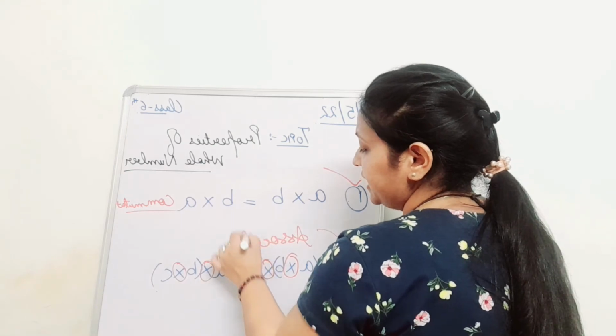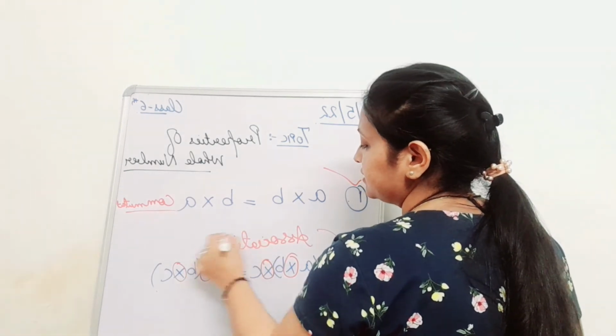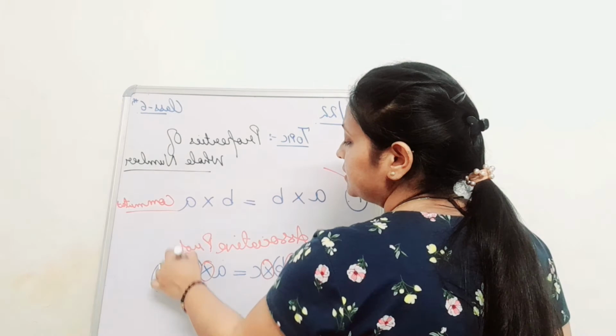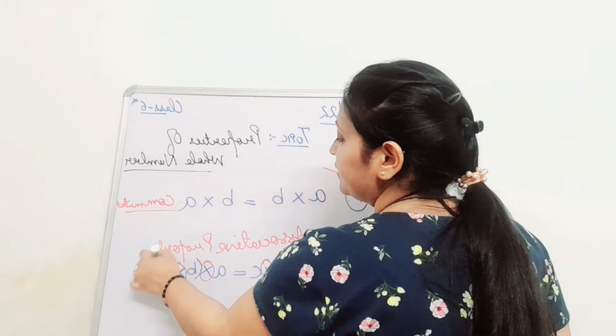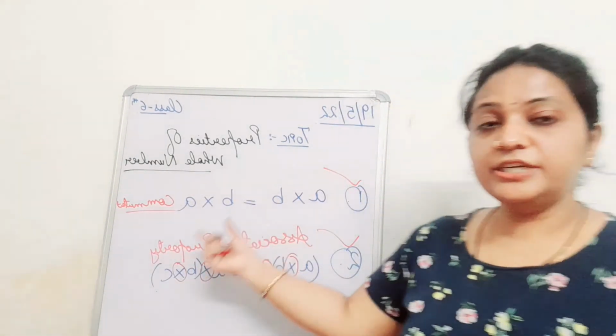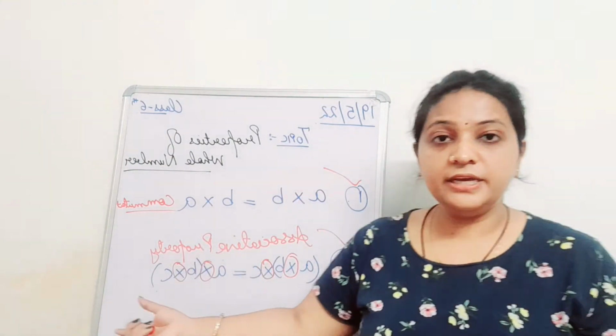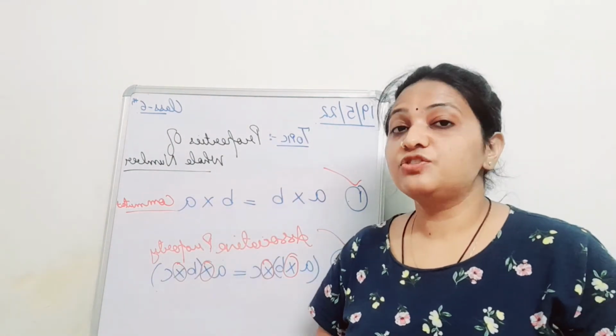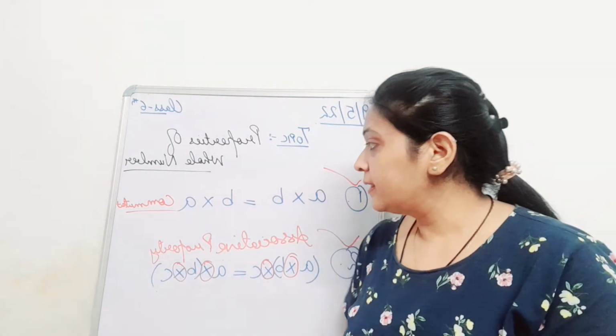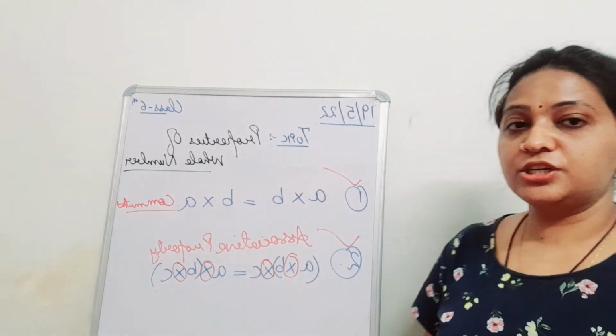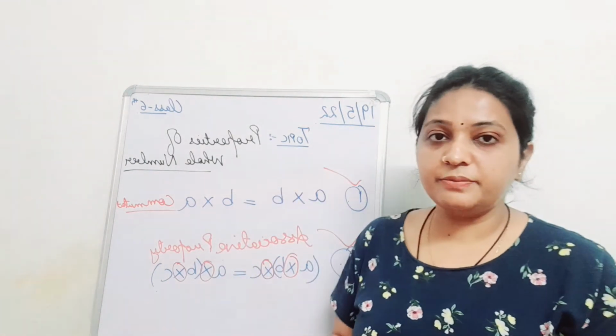Associative. Yes, very good, students. So I hope all of you have clarity about commutative property, associative property, closure property, which we have discussed for addition and multiplication.